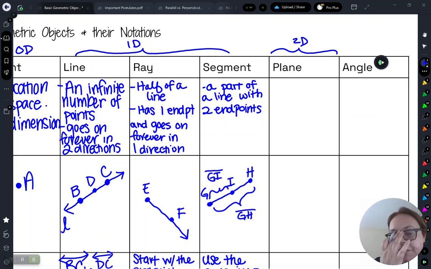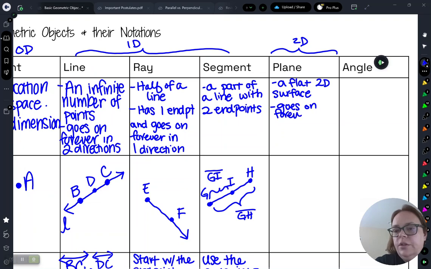So the definition of a plane is a flat 2-dimensional surface, essentially. It goes on forever in all directions. So think up, right, down, left.